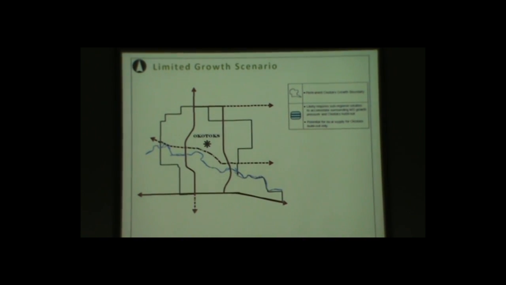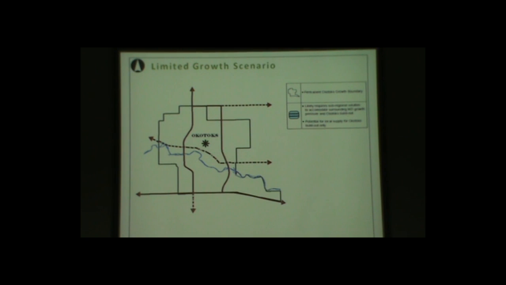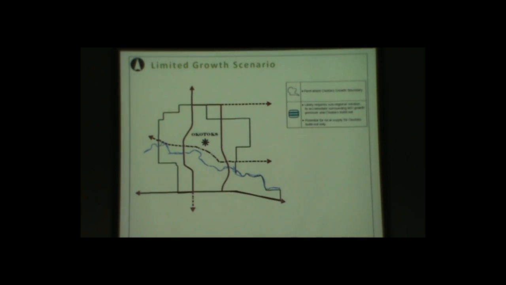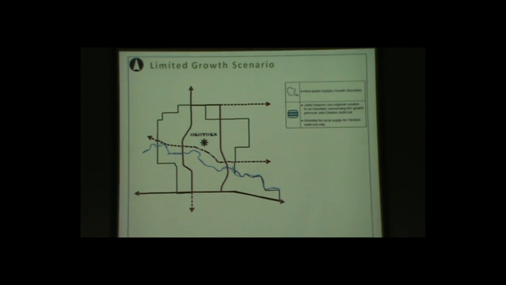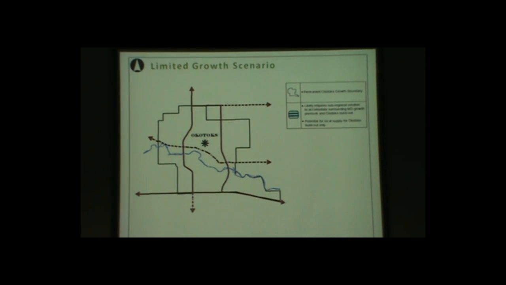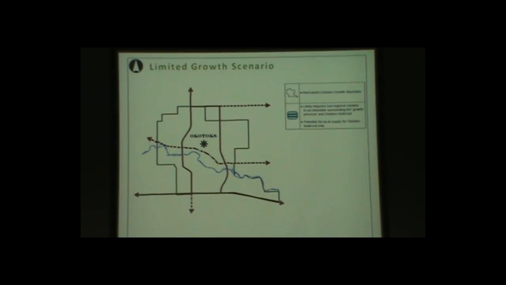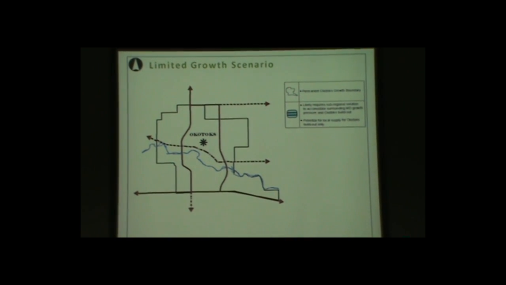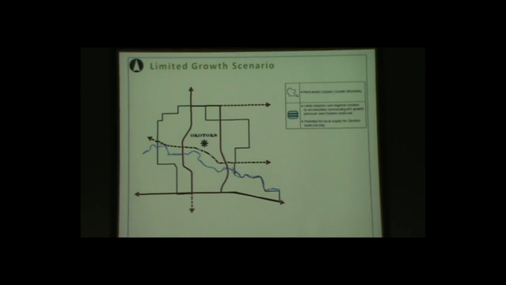You'll see now on the slide the Sheep River showing up, and this slide is indicating the likely water supplies for a limited growth model. It likely would require a sub-regional solution to accommodate surrounding MD growth pressure and potentially supplying water to Okotoks if Okotoks cannot find a local solution over the next number of years.